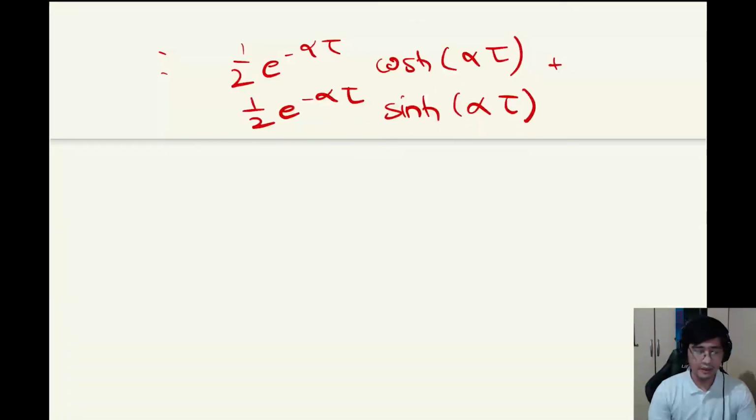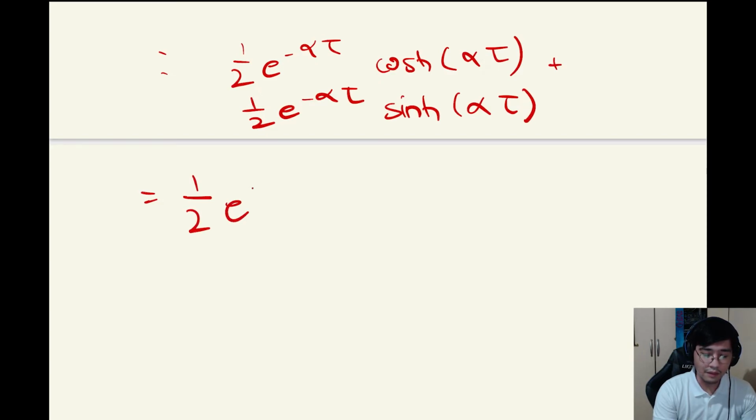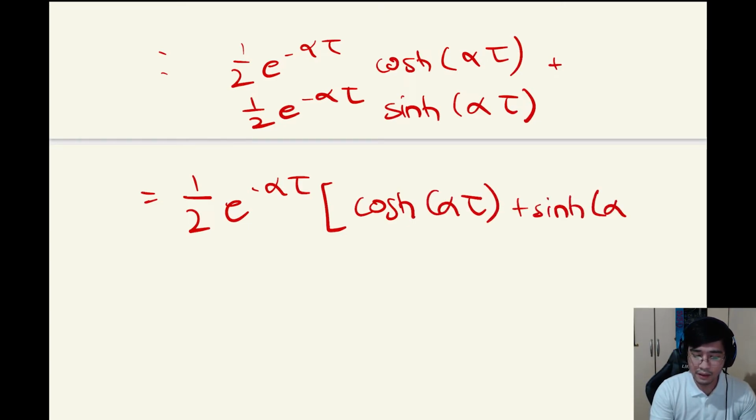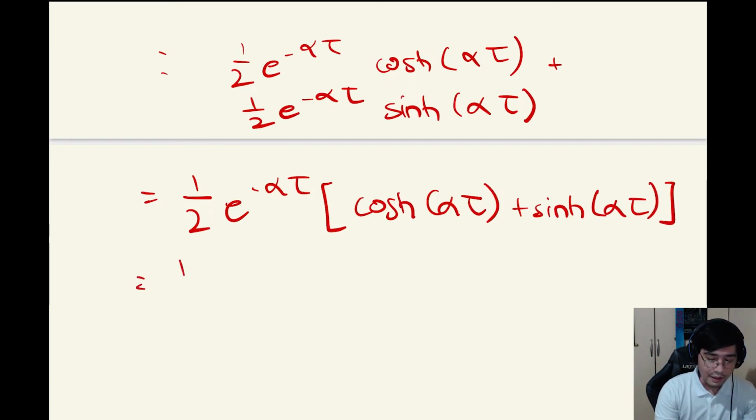Okay? And then we just simplify it further. 1/2 e to the negative alpha tau times the hyperbolic cosine of alpha tau plus the hyperbolic sine of alpha tau. Recall that when we have a hyperbolic cosine, we can express it as a sum of exponentials.